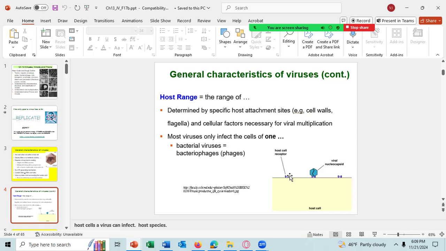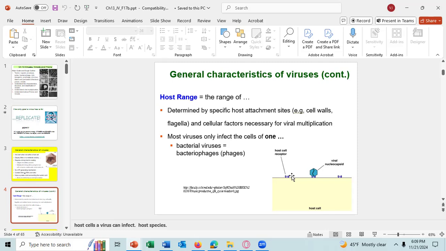And this specific binding is why viruses usually only infect the cells of one or a few species, meaning most viruses are very specific for the cells that they can infect. For example, HIV can only infect some cells, meaning not all human cells, but some cells like the T cells and the macrophages and brain cells.